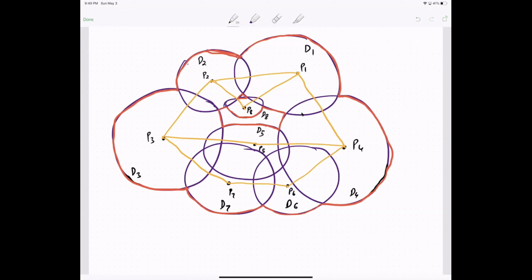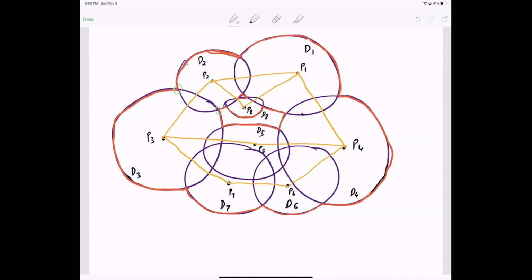I've joined some of the centers here. Let me verbally say how I decided to connect some of them; I'll write down the actual conditions later. For example, P2 and P3 are connected. Why? Because the disks D2 and D3 intersect at 2 points. Let me mark them, here and here.